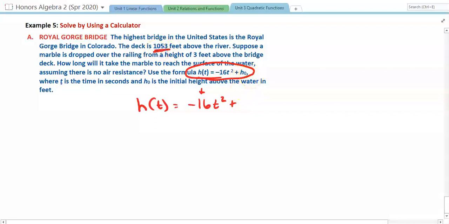Well, the deck is 1,053, but we're holding it 3 feet over the railing, above the bridge deck, right? And so that will give us 1,056. And so when we go to solve this out, we're going to graph it, right? And so this would be one to graph on a calculator.